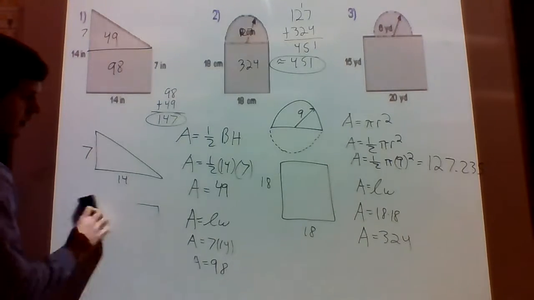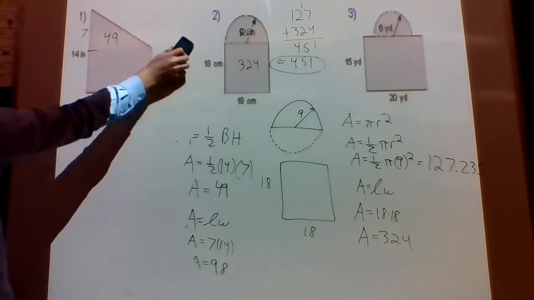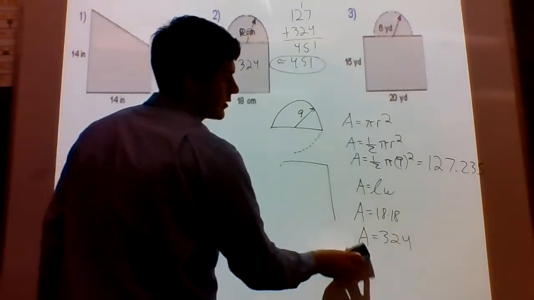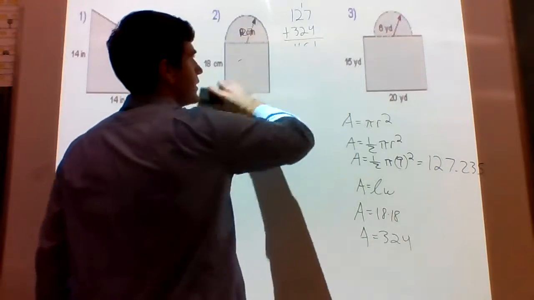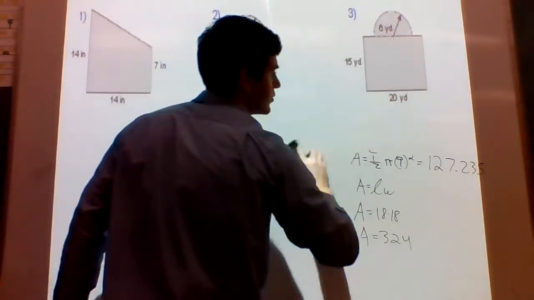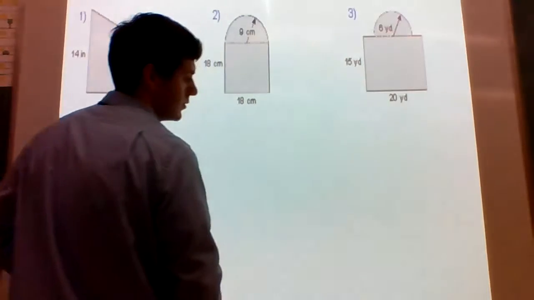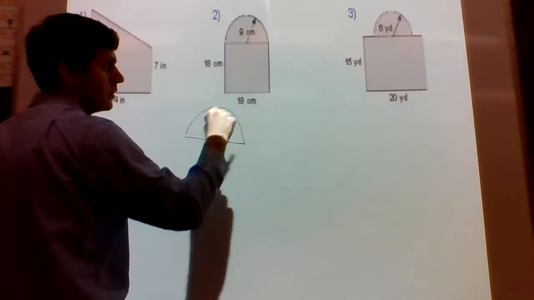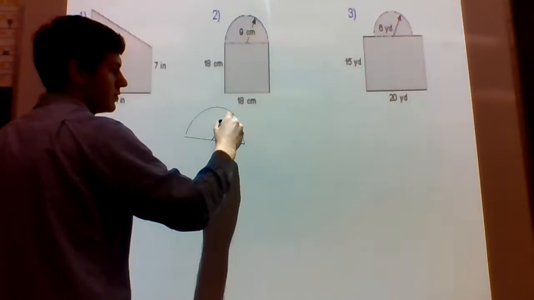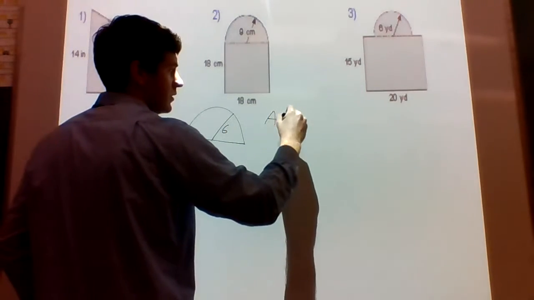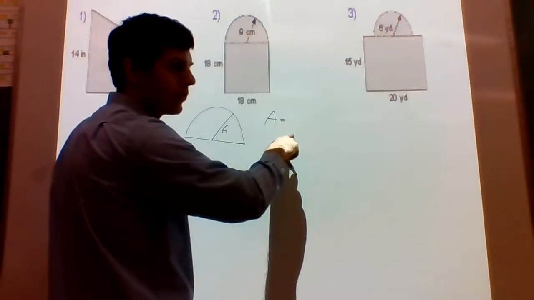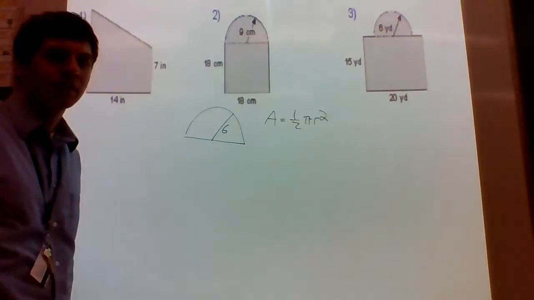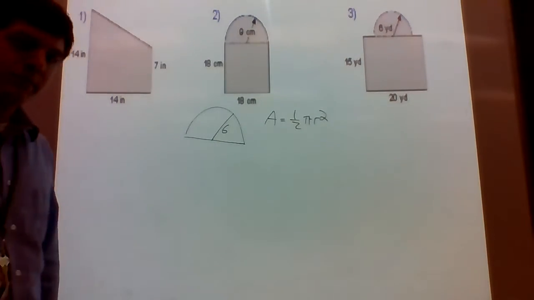Number 3 is very similar. So step 1, we want to break the figure into component parts. In this one, we can break it into a rectangle and a half circle, just like in number 2. The half circle here has a radius of 6, so the area is going to again be half pi r squared because it's half of the area of the circle.